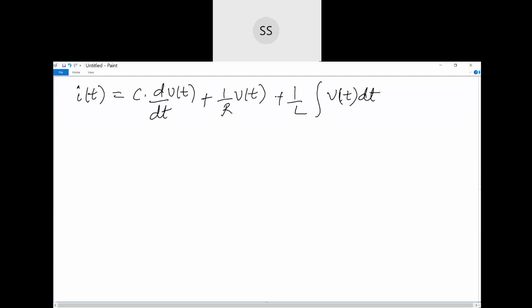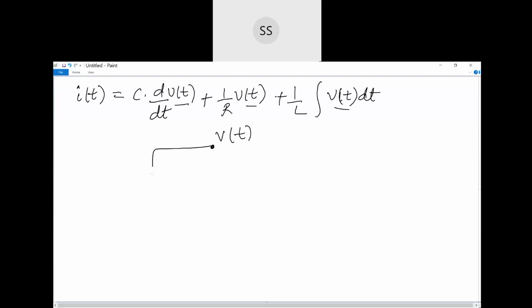Now to draw the Fi analogous circuit, it is written on the node basis. So which is the node voltage here? v of t, v of t, v of t, the three terms. This acts as a node voltage, and as there was only one displacement in the given mechanical system, now we have a single node v of t.